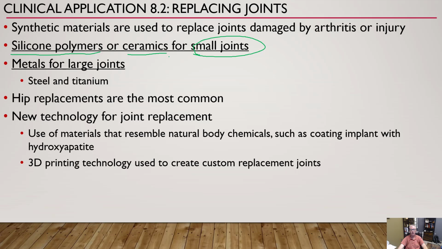If we're replacing large joints, we're going to use steel and titanium. So we're going to use metals for large joints. Hip joints are the most common joints, followed by knee joints. If you ever get the chance to watch one of these surgeries, they're actually very cool to watch.